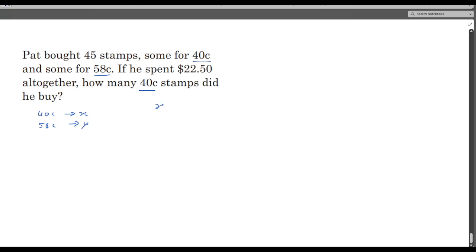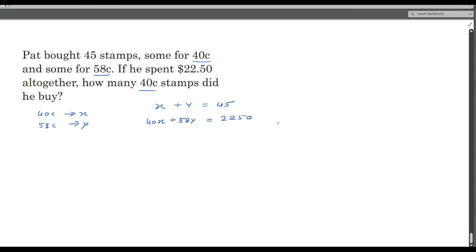So first equation, X plus Y is given 45, and second equation, as there are X 40-cent stamps, its value will be 40X, and the value of Y stamps of 58 cents will be 58Y, and this total value will become 2250.